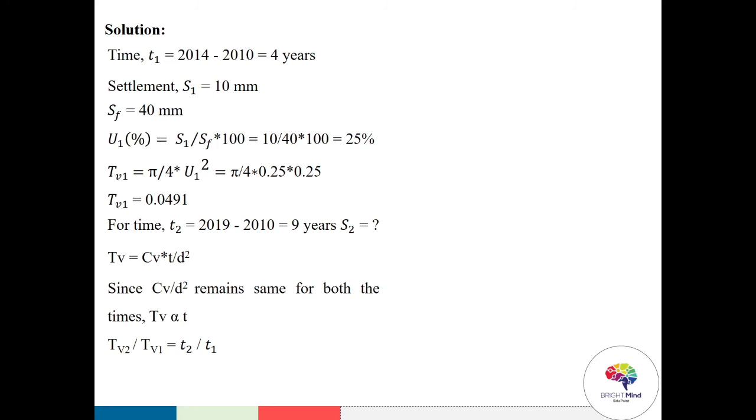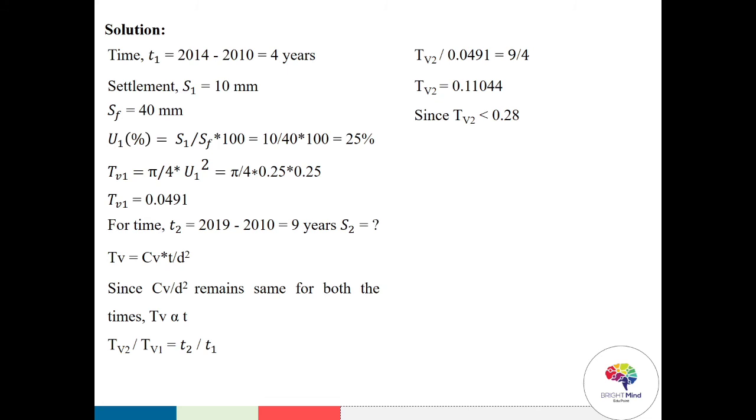So TV2 is to be found out. TV1 value has already been found out as 0.0491. T2 is 9 years and T1 is 4 years. So the value for the time factor for the second case comes out to be 0.11044.